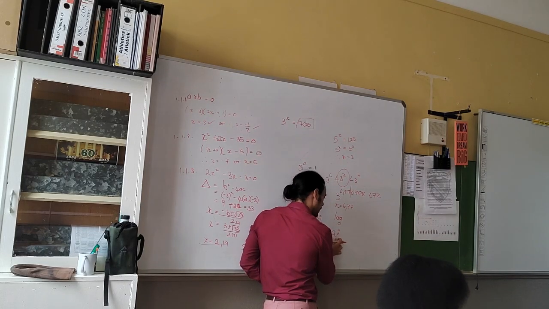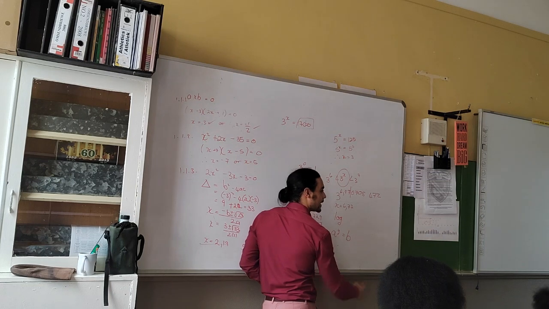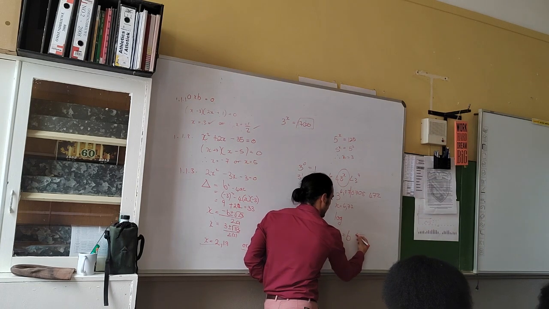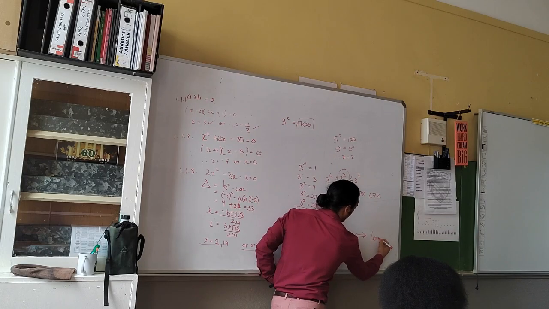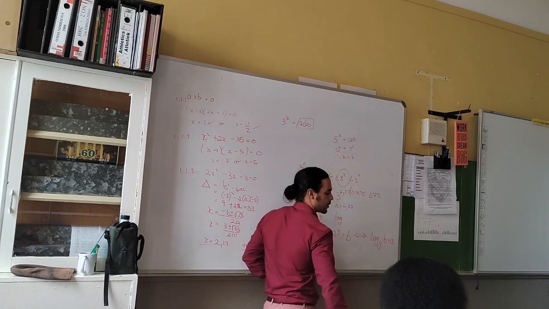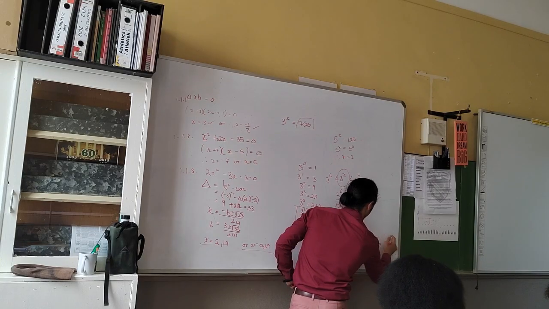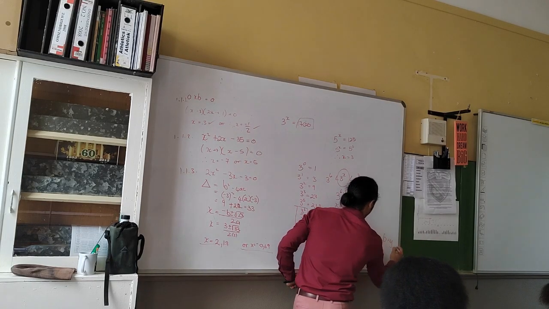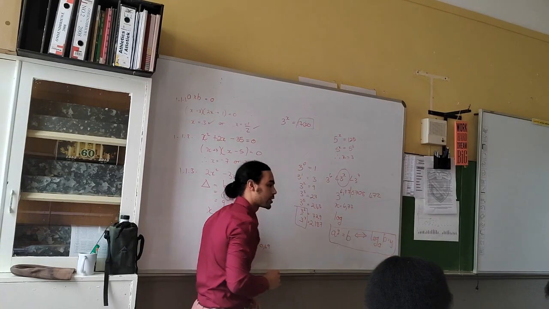If I have something to the power of something and I have an answer to that, I can rewrite this in log. So this is going to be log with the base, and then the answer, and then I'm getting the exponent. This is the formal definition of log.